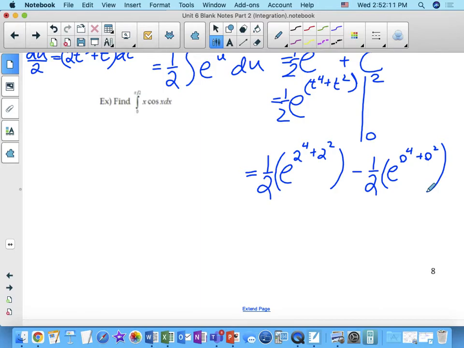And that's, okay, so 2 to the 4 is 16 plus 4, so that's e to the 20. And then this is e to the 0, which is 1. And they are both times 1/2, so I can make this a denominator of 2. There we go.